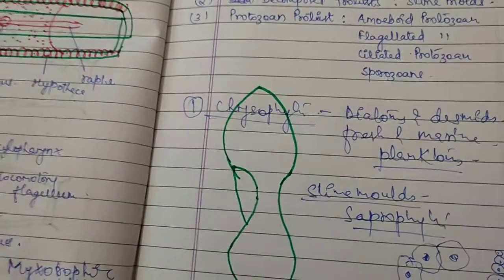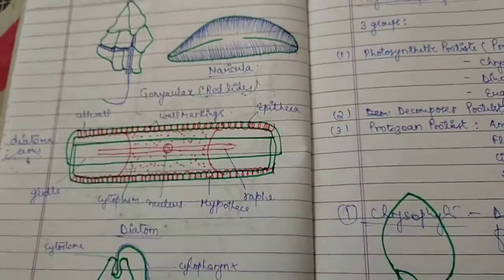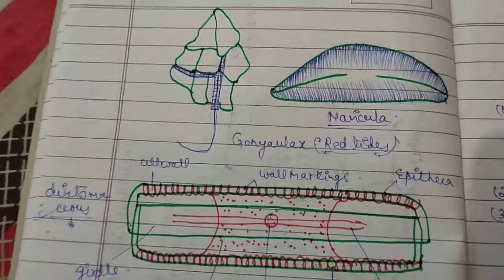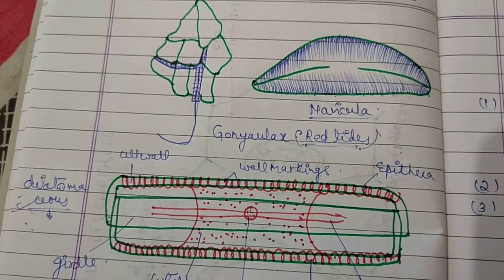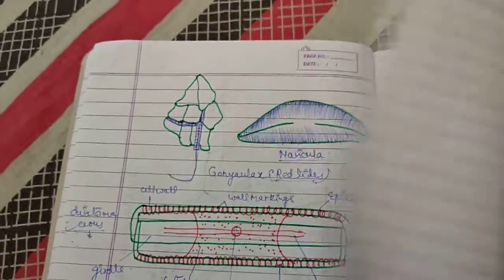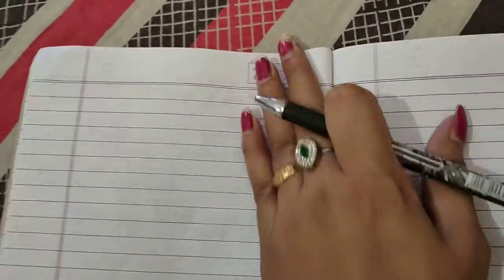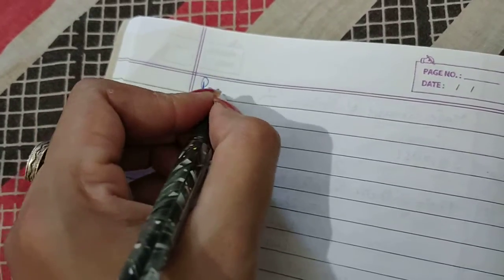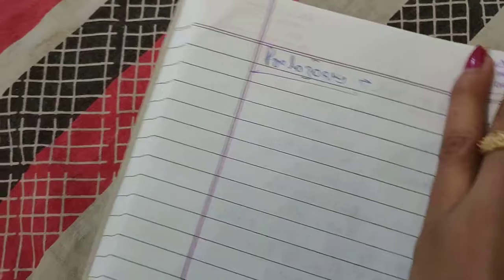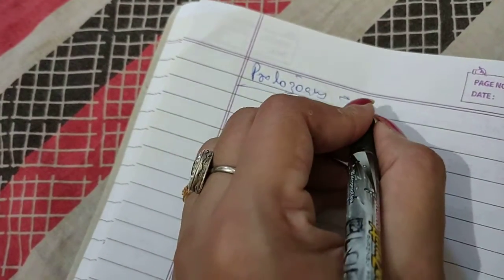So this is about the slime molds, and the last one is the protozoans. This is the structure of Navicula, which is also a type of dinoflagellate. The last one is the protozoans, and I think you all know some protozoans like amoeba and paramecium.